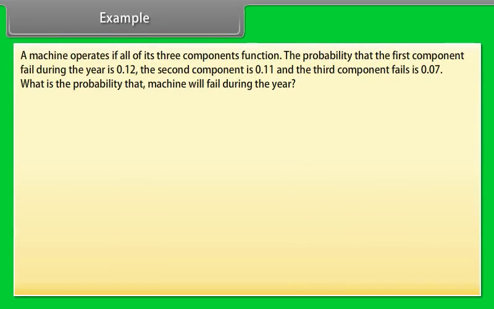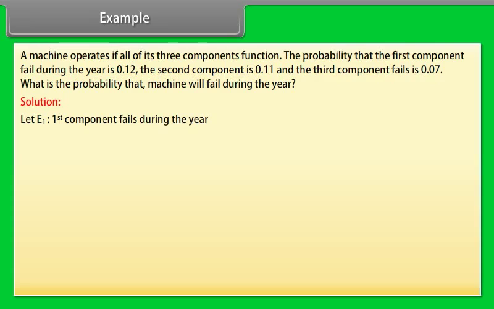Example. A machine operates if all of its three components function. The probability that the first component fails during the year is 0.12, the second component is 0.11 and the third component is 0.07. What is the probability that the machine will fail during the year? Solution.